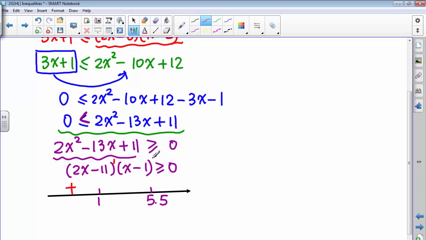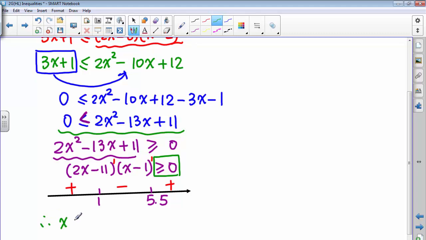And they're linear factors, so I know the sign changes around each zero point. So this is positive, this is negative, this is positive again. Right now, I'm looking for the x values which can make this expression larger than or equal to 0.